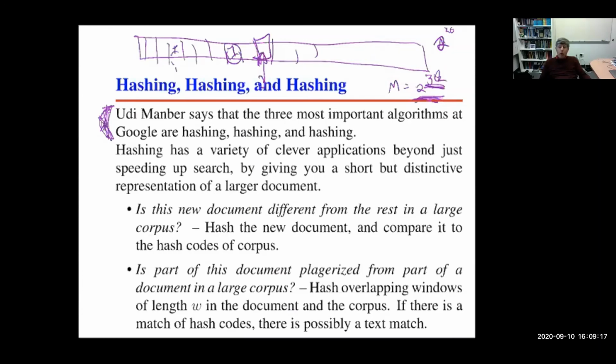Well, if you were worried about exact matches, did you turn in exactly the same assignment as somebody else? Does everybody see that the Google solution is exactly that? If I have a hash table where I hash every document I've ever seen and keep a bit for every document, if I take your term paper, I hash it and I go to a bucket with a 1, that means somebody else has already turned in a document with that hash code.